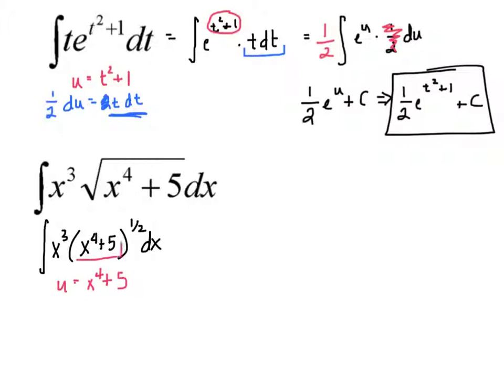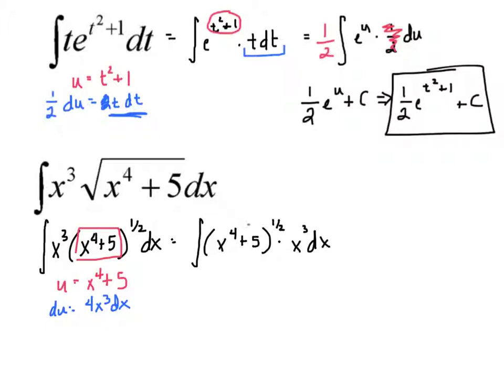Okay, so we can replace this with u, and then du, of course the derivative would be 4x cubed dx. Again, if you're having trouble seeing how this is going to work, use that property of being commutative, that we can change the order of multiplication. Okay, so I just switched the order of the two parts.